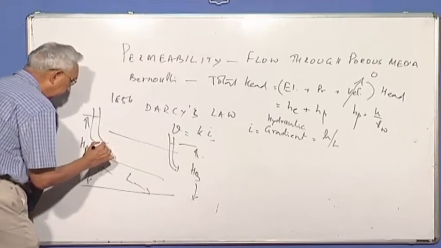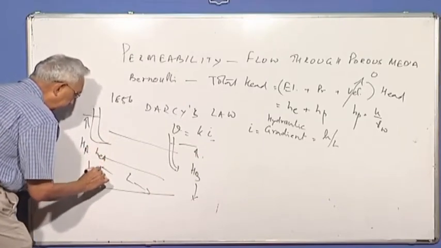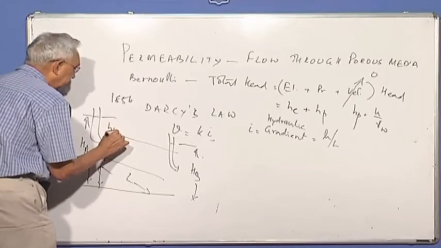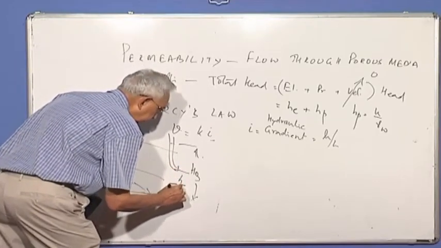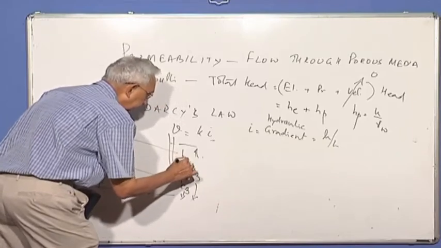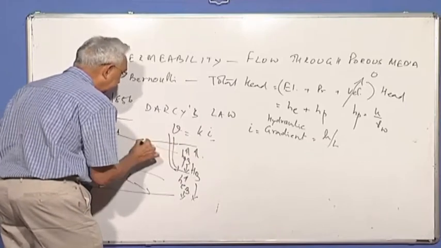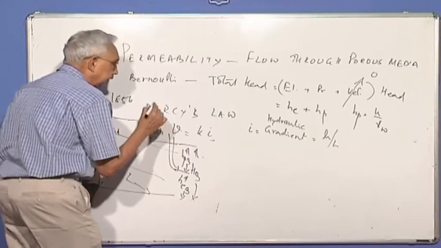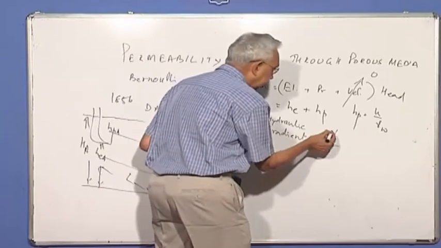But please remember, out of this is the elevation head at A, and this should be the pressure head at A. Similarly, this is the elevation head at B and the pressure head at B, and the difference in heads is what you can call the drop in head or the head loss, which is what we had to consider here.